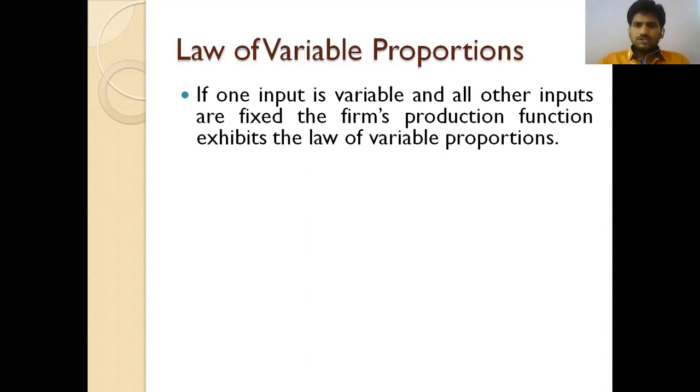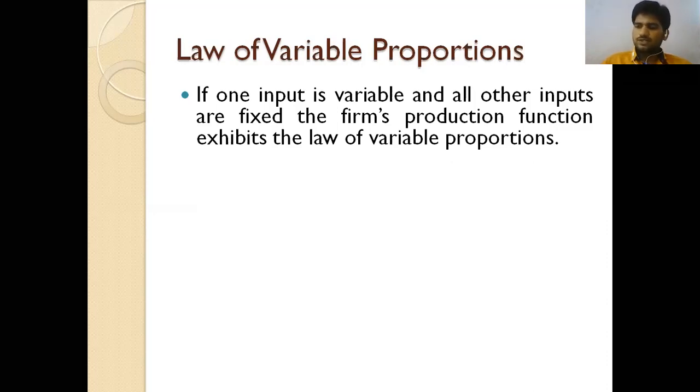If one input is variable and all the other inputs are fixed, then the production function exhibits the law of variable proportion. So we have a number of inputs available. If one input varies and all the other inputs are fixed, then the production function exhibits the law of variable proportion.